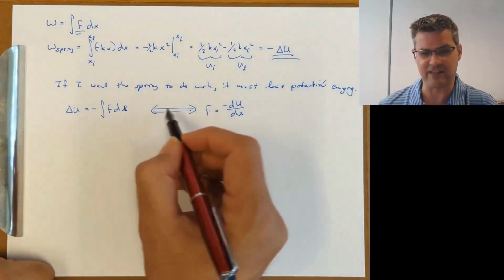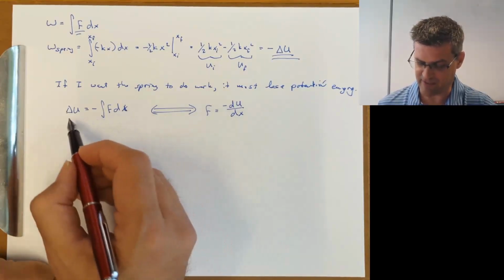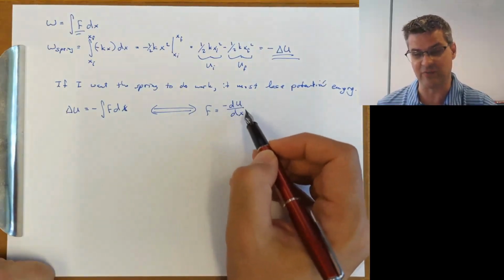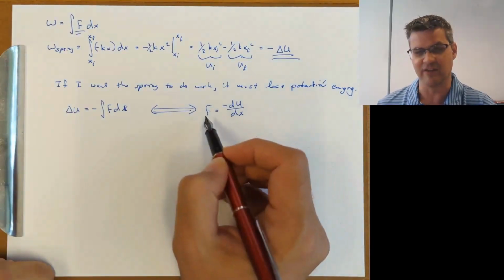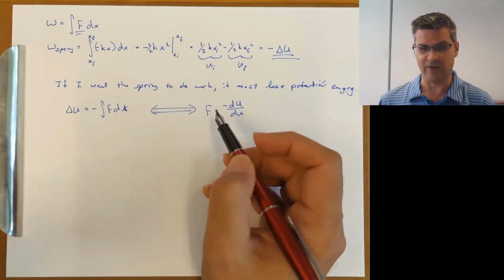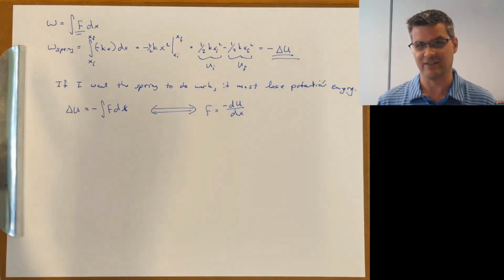These are two sides of the same coin. I can either integrate force over distance to get potential energy, or I can take the derivative of potential energy with respect to position to get force. Interesting.